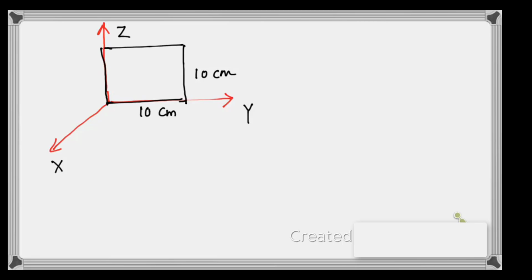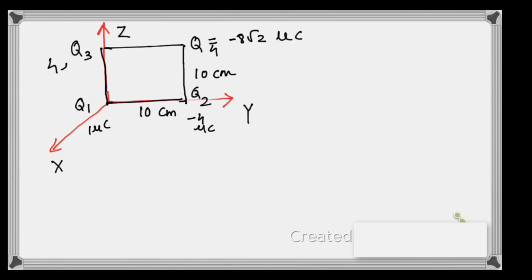Each side has a 10 centimeter distance, and charge q1 is placed here, charge q2 is here, q4 is here and q3 is here. q1 is 1 microcoulomb, q2 is minus 4 microcoulomb, q4 is minus 8 root 2 microcoulomb and q3 is 4 microcoulomb.